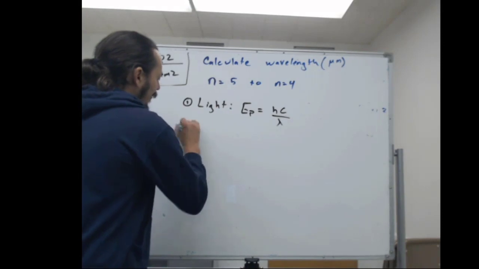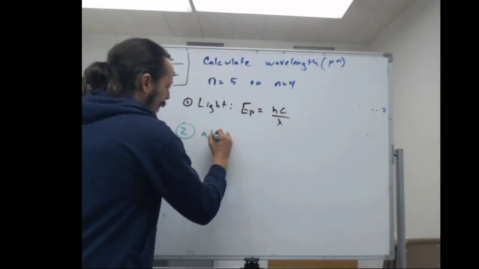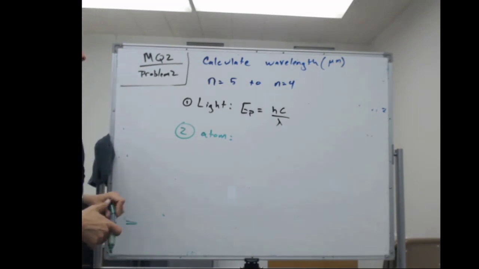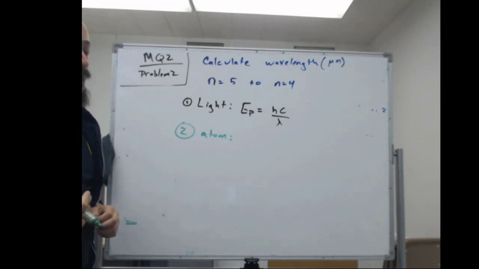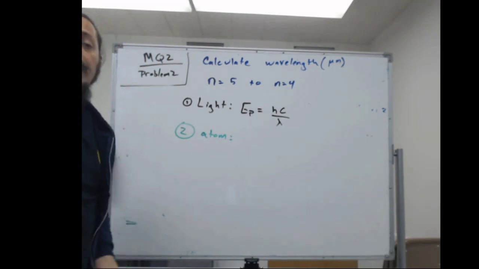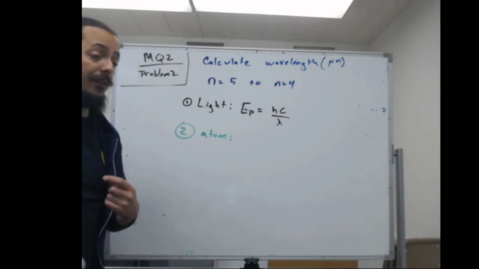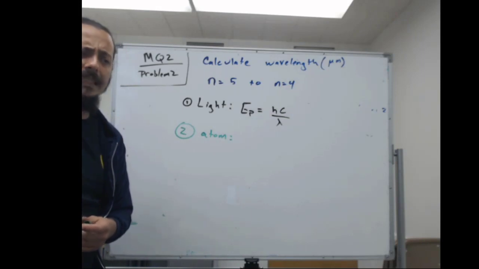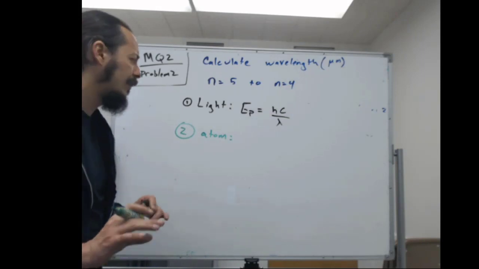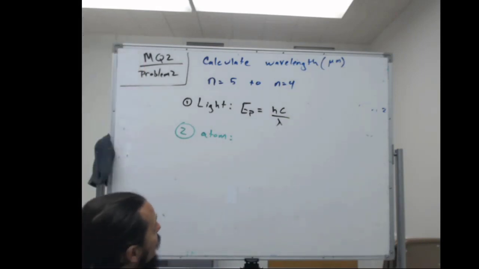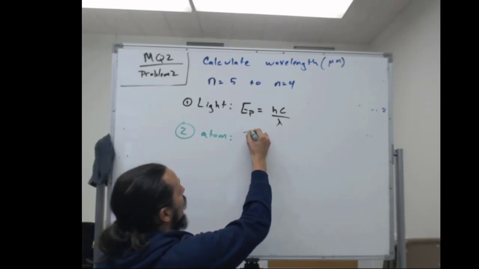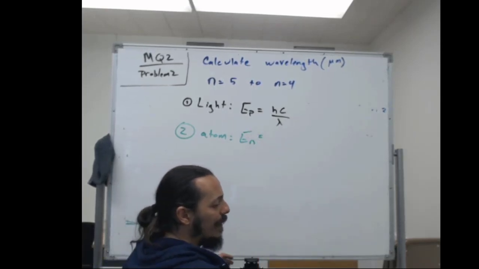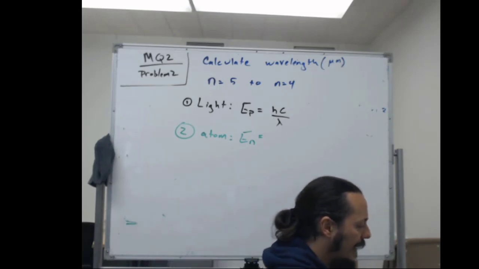The second thing we have to think about is the atom and the atom's energy. This is going to be really important for looking at the Bohr model. Dr. Scott does a really nice video on the Bohr model. I think there's one from Bozeman Science as well, though I can't remember where the second video is. What we have to get at is that you're going to end up with this kind of weird equation for the energy of an atom.